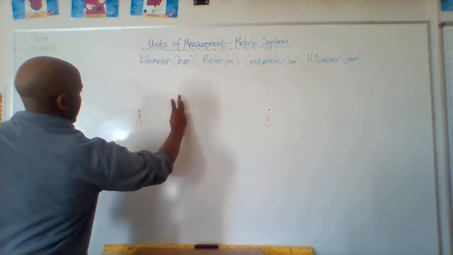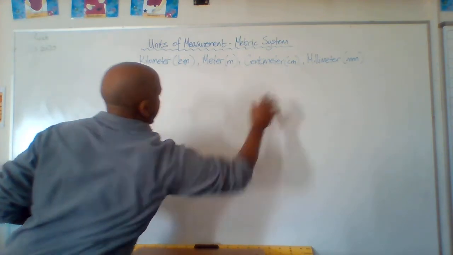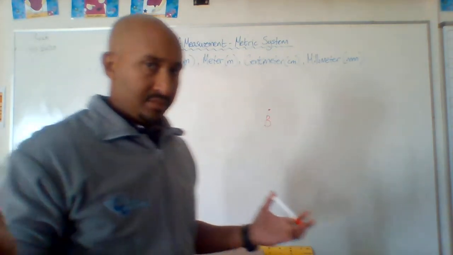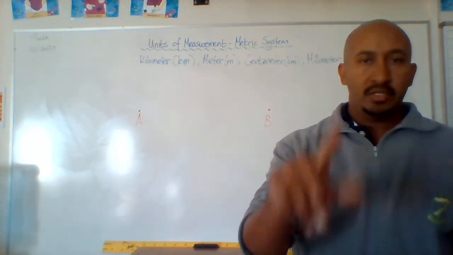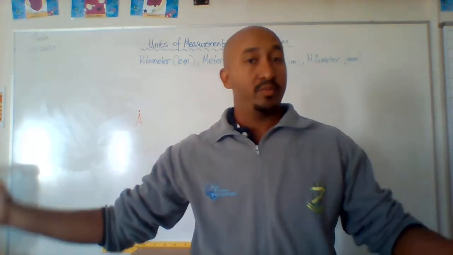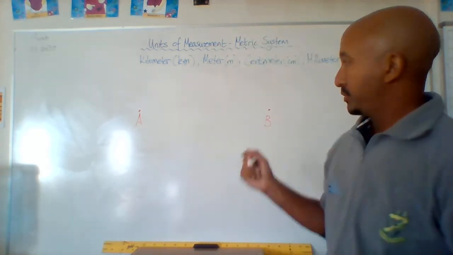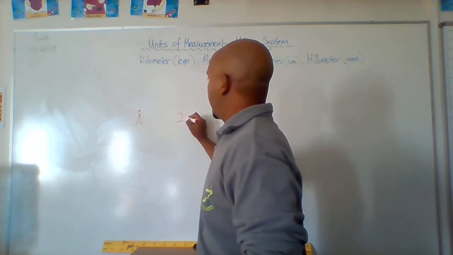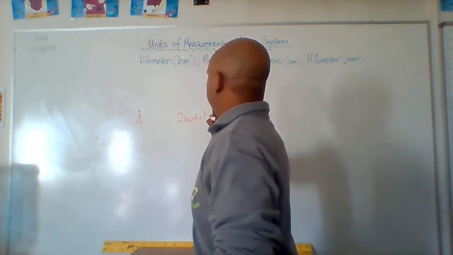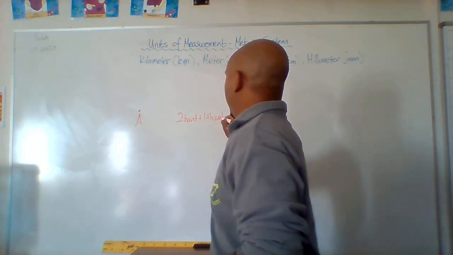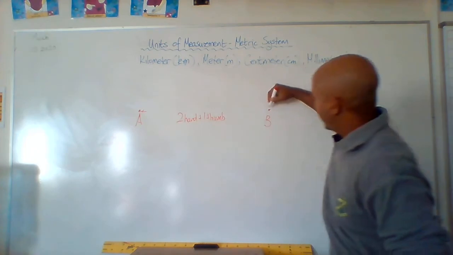Like this: 1, 2, 3, and the length of my thumb. Obvious problem. My hand is bigger than your hand, or smaller than somebody else's hand. So this is 2 hands plus 1 thumb. That's how long it is from point A to point B.